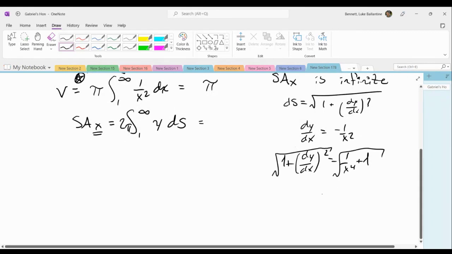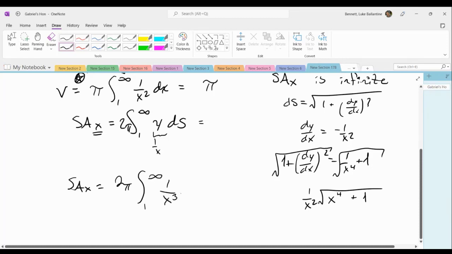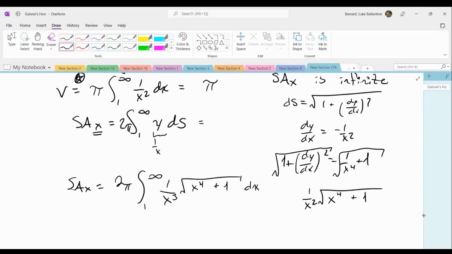I'm going to factor out a 1 over x to the fourth, so I get 1 over x squared times the square root of x to the fourth plus 1. And y is just 1 over x. So this surface area integral turns into 2 pi times the integral from 1 to infinity of 1 over x to the third, times the square root of x to the fourth plus 1, dx.